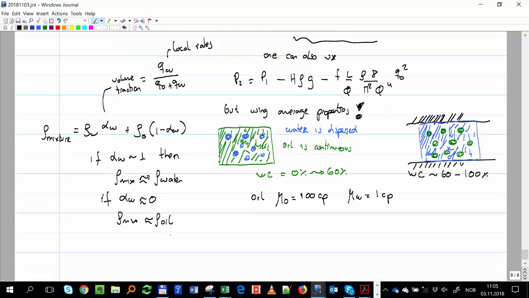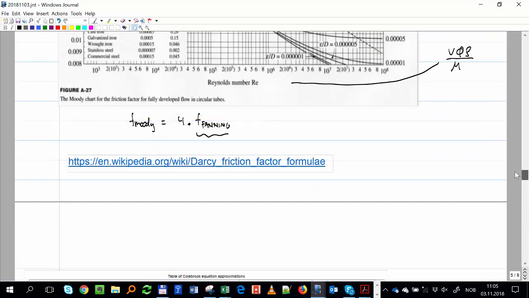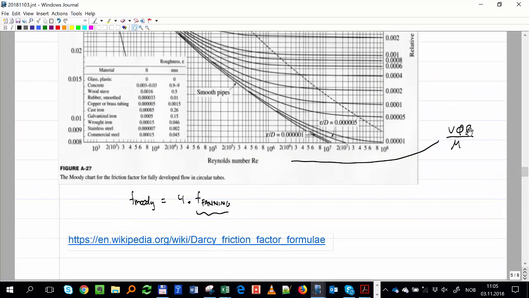Okay? We have to make one more thing, because if you remember, we need density. Density comes in here, right? And comes into the Reynolds. And we know how to calculate the density of the mixture.